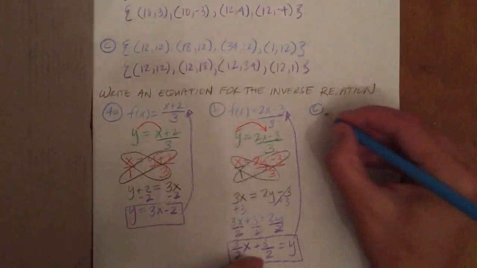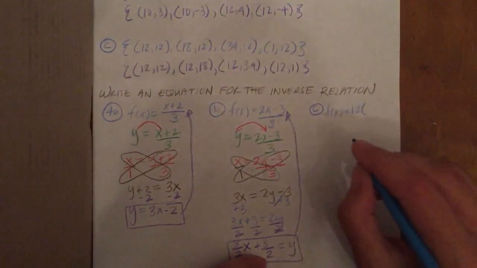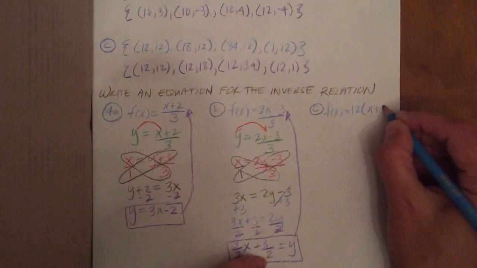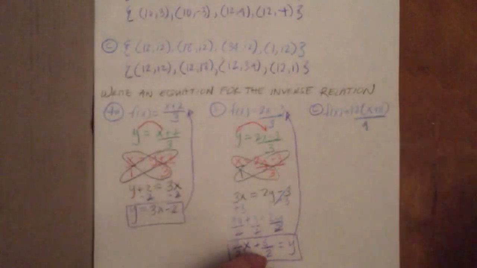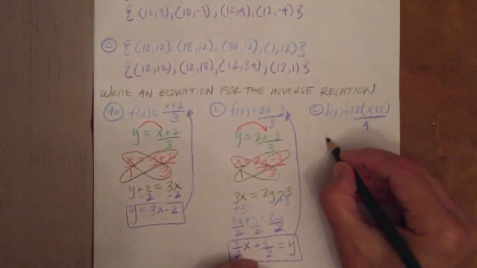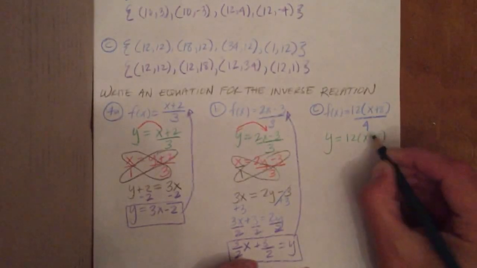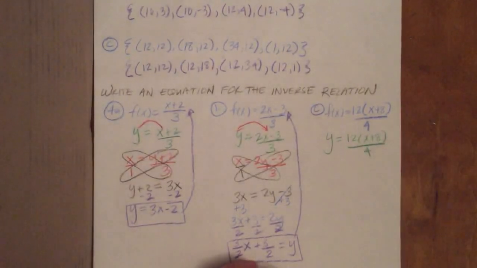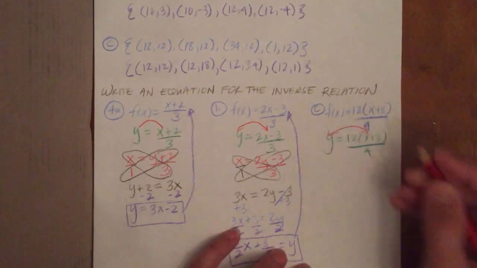The third one is f of x equals 12 times x plus 8 over 4. The first thing we're going to do is change this to y equals 12 times x plus 8 over 4. And then we're going to switch the x and the y, the domain and range.